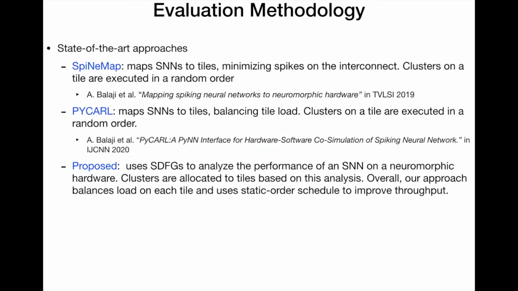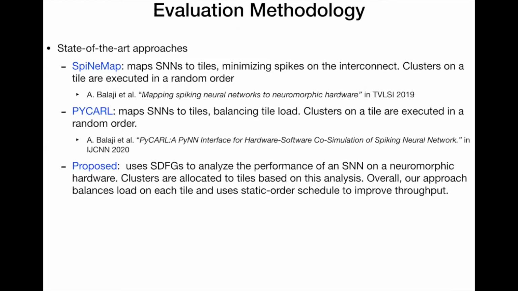So we compared 2 state-of-the-art approaches. SpiNeMap, which is our prior technique, which appeared in TVLSI 2019, tries to minimize the number of spikes on the interconnect. However, if more than one cluster is mapped to the same tile, the clusters are executed in a random order.